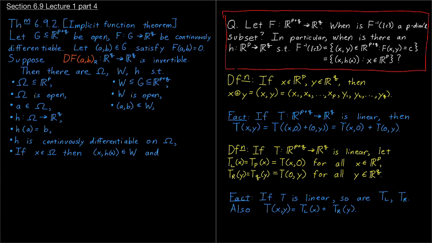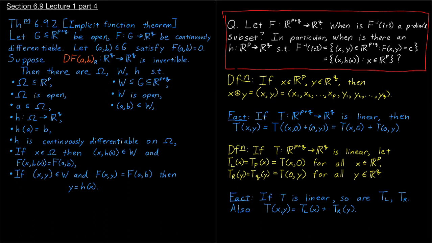So (x, h(x)) is in W, is in G, is in the domain of F, and F(x, h(x)) equals 0. And moreover, if we've got that (x, y) is in W and F(x, y) equals 0, then y is h(x).